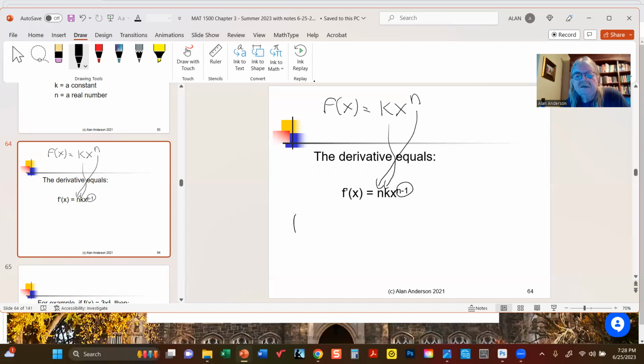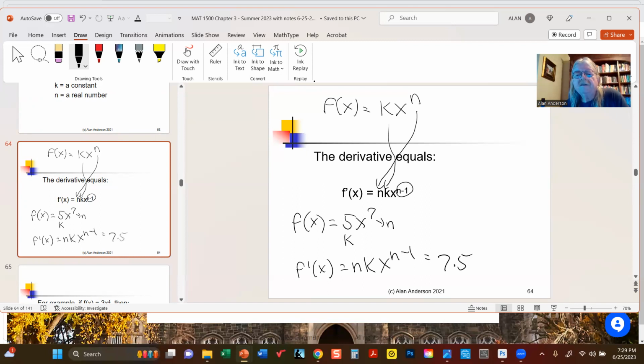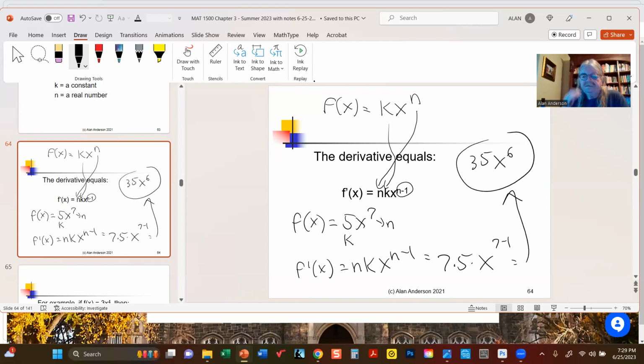So for example, for something like this, this is k, this is n. The rule tells me n k x to the n minus 1 is 7 times 5 times x to the 7 minus 1, which is 35 x to the 6th power.